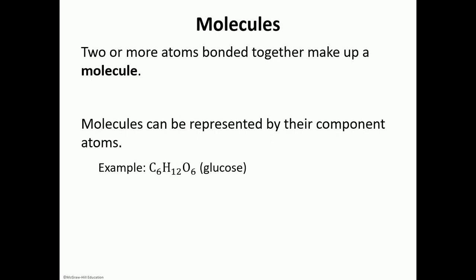But if the atoms are different, so for example, we have 3 different kinds of atoms combined together to make this bigger glucose molecule, this molecule is also known as a compound. So again, if the atoms are the same, it'll make an element molecule. If the atoms are different, it'll give you a compound molecule.